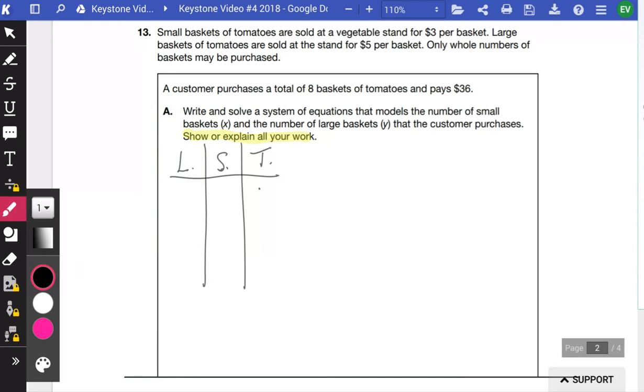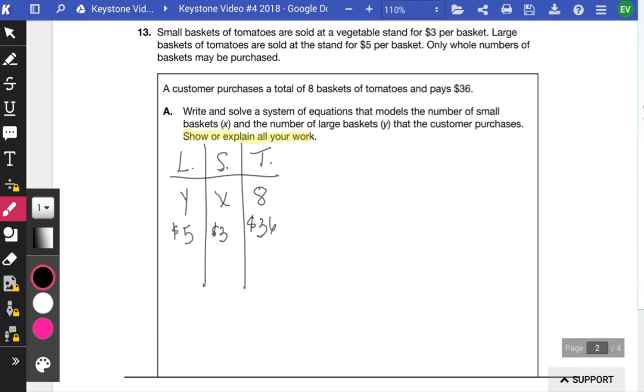in a table. So large baskets are Y, small baskets are X, and he buys 8 total baskets. If we look at the price, small are $3 per basket, large are $5 per basket, and the total is $36.